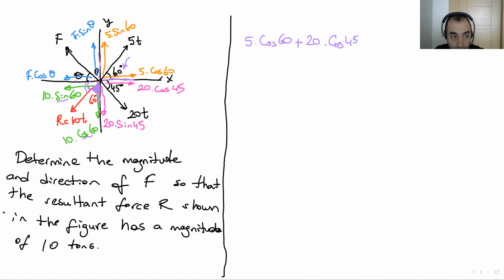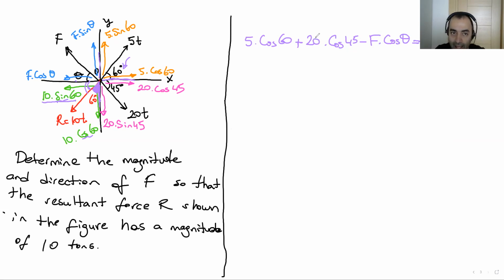And here I have minus F cosine theta, minus because it is in negative x direction. 3 components, equals what? Equals 10 sine theta, the x component of R, which is this one.